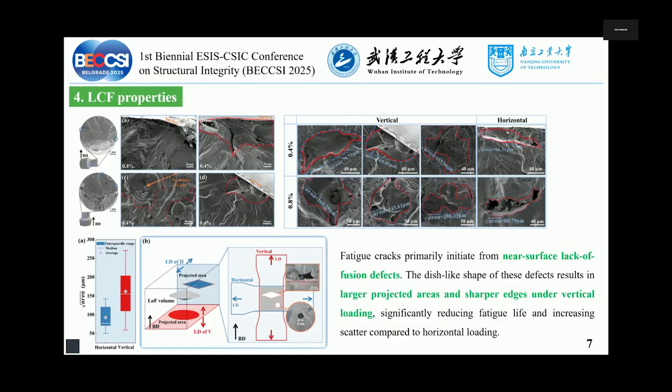So the dish-like shape of this defect results in larger projected areas and sharper edges under vertical loading, significantly reducing the fatigue life and increasing the scatter compared with horizontal loading.